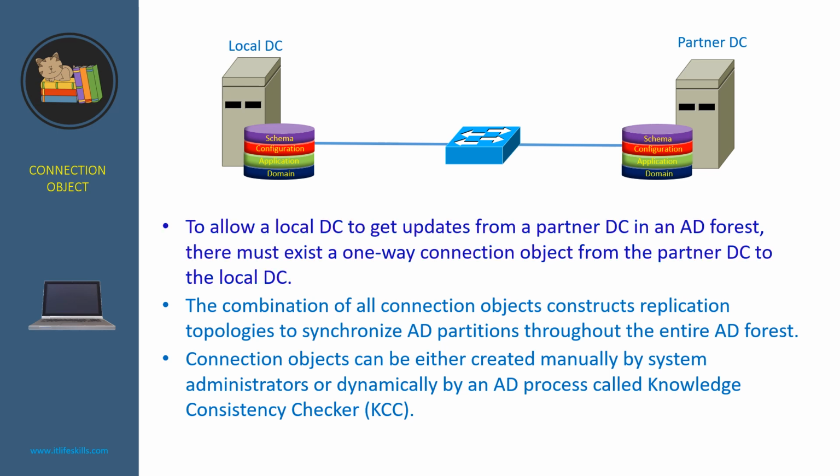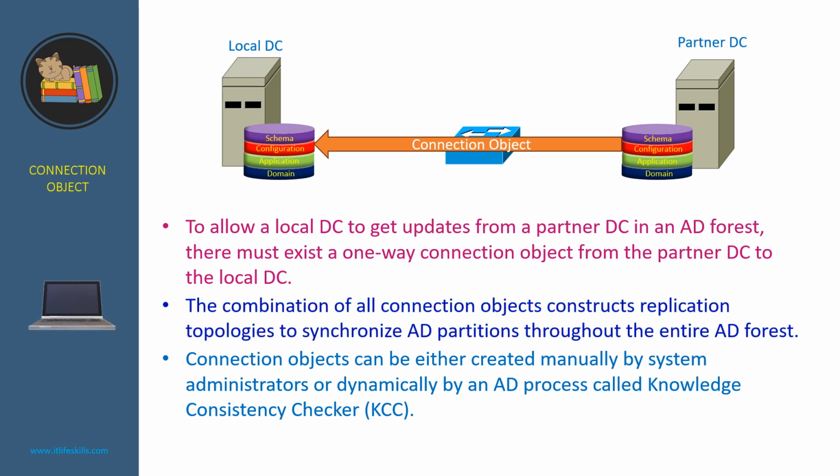To allow a local DC to get updates from a partner DC in an AD forest, there must exist a one-way connection object from the partner DC to the local DC.